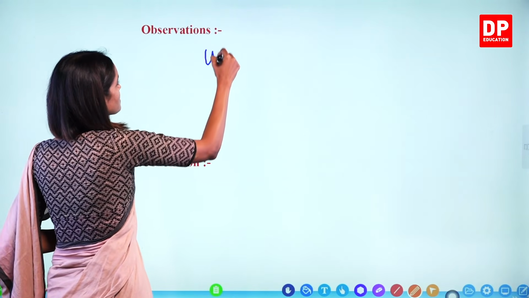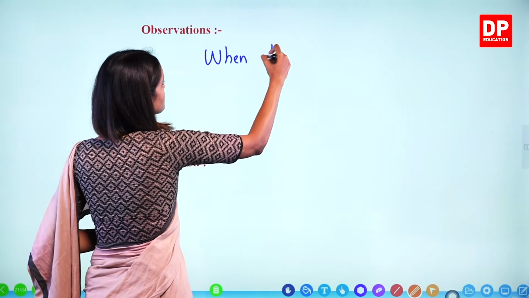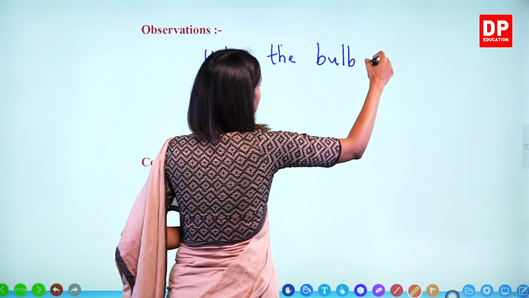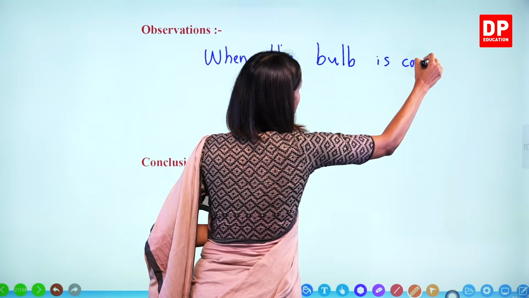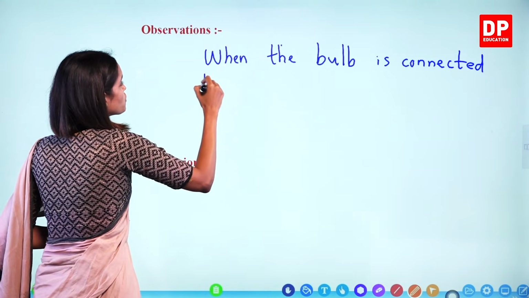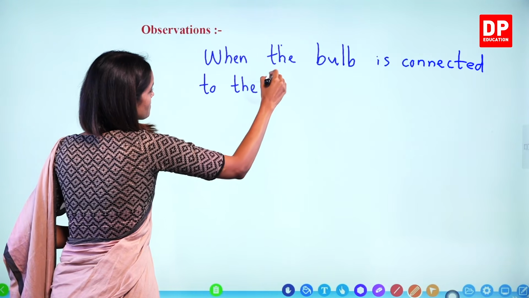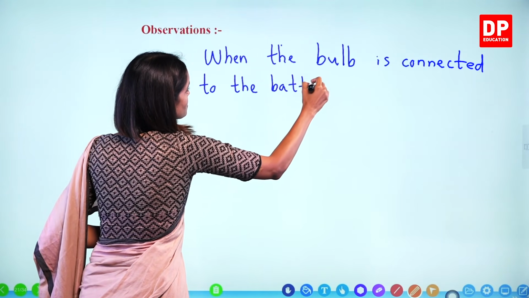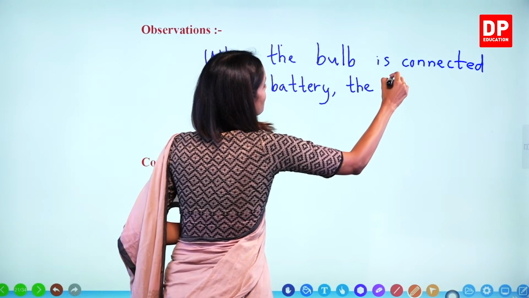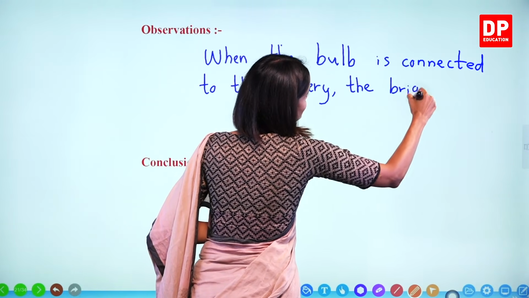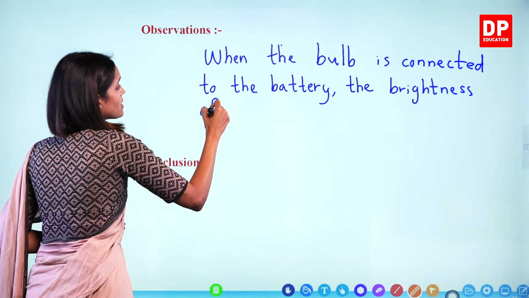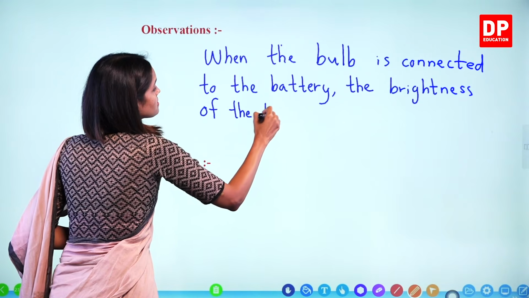Observations. When the bulb is connected to the battery, the brightness of the bulb increases.